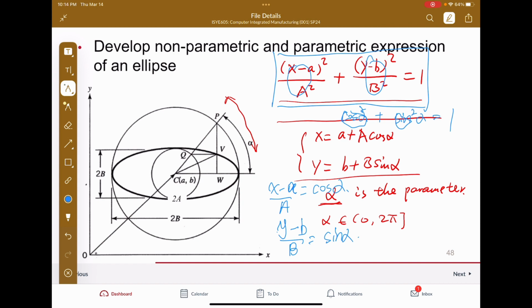We manage this equation expression where we have this. So now we use a constant and the variable alpha to describe x and y. This is how we do the parametric expression for the curve.